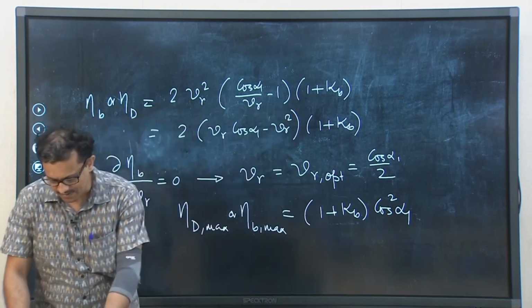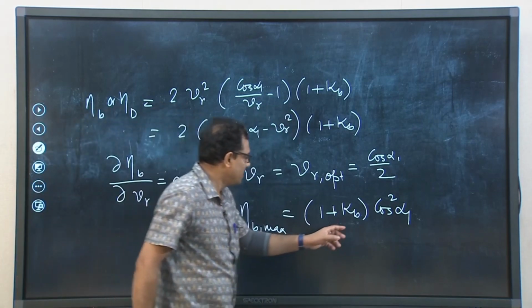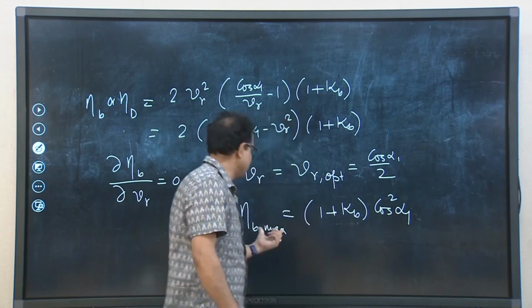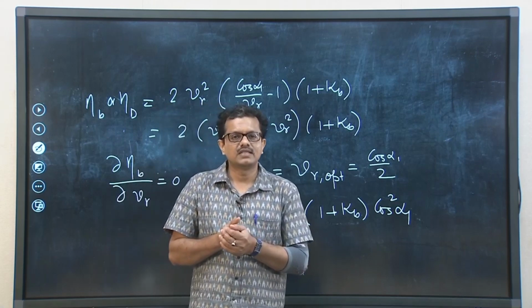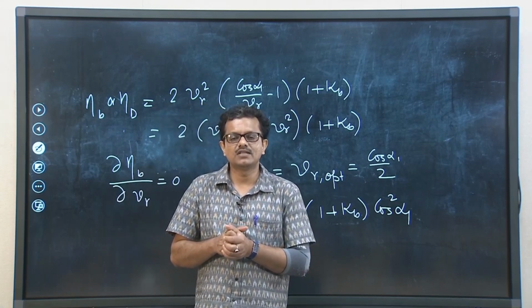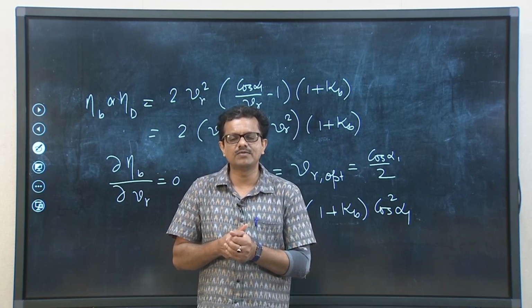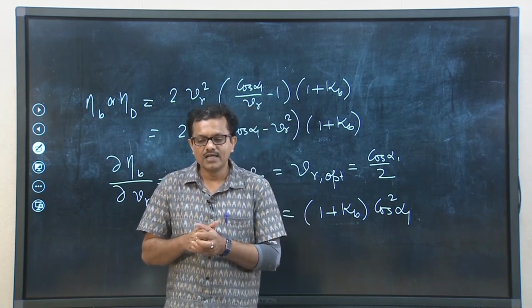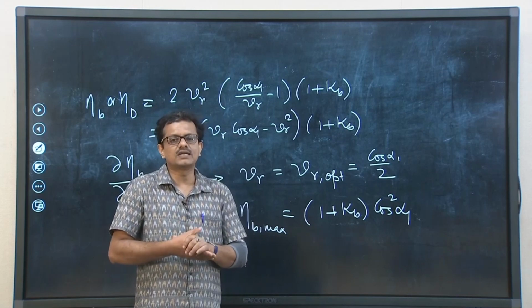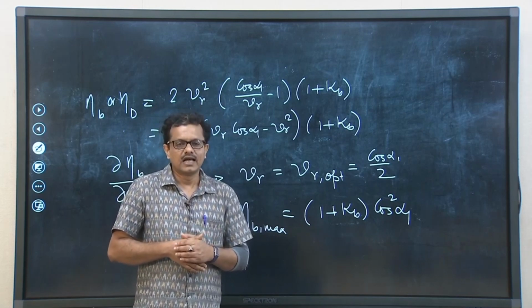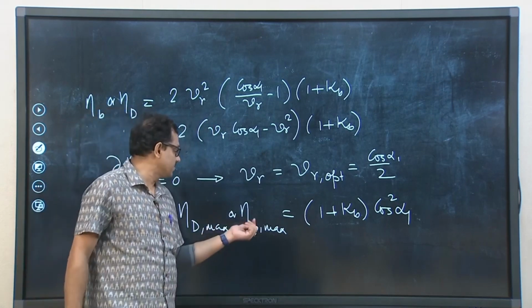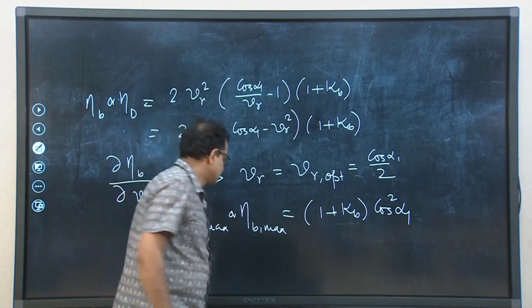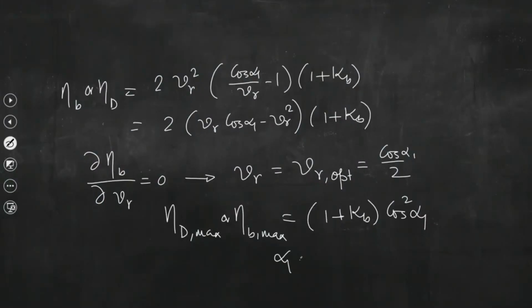So, what we can conclude from here is that if we reduce alpha 1, then efficiency will be maximum. If we can reduce the flow angle at the inlet, then blading efficiency or diagram efficiency can be maximized. But if we reduce the flow angle drastically, there will be a certain amount of loss of energy. To maintain a balance between the loss of energy and maximum efficiency, the typical value of alpha 1 is 16 degree to 22 degree.